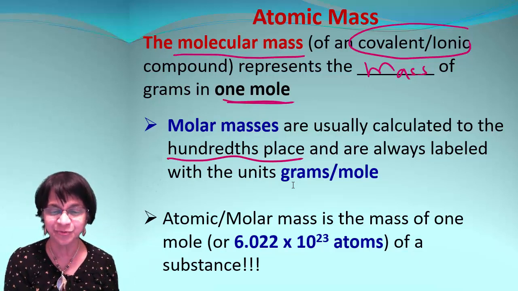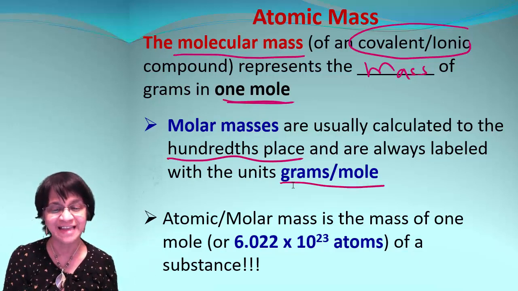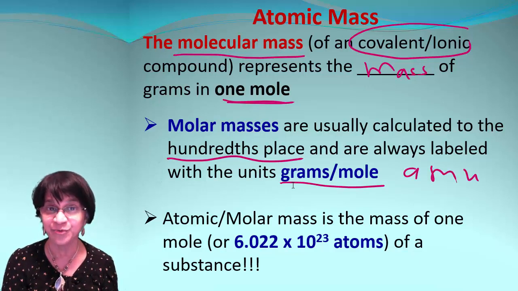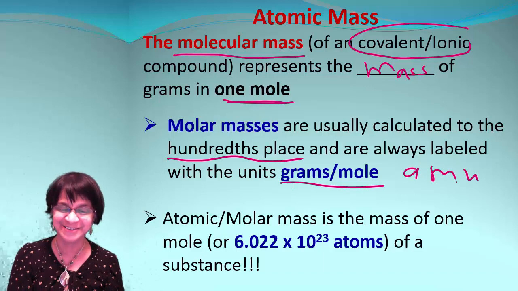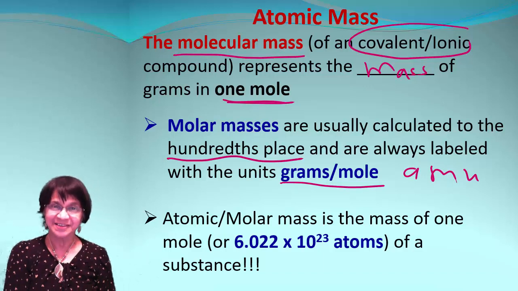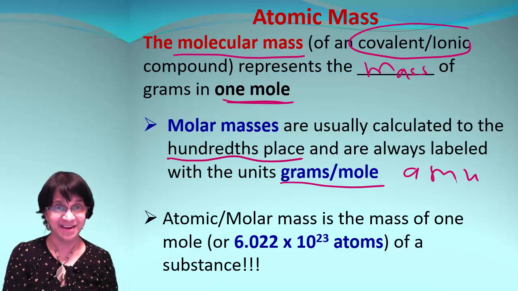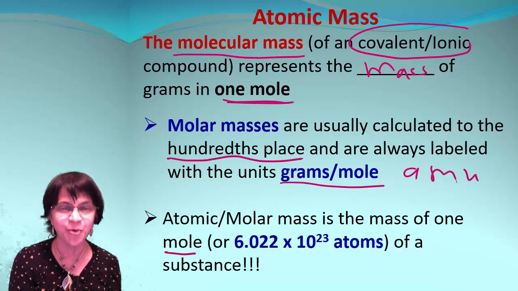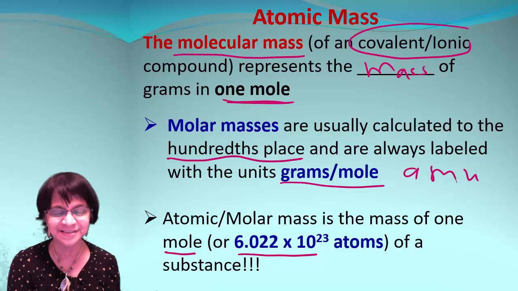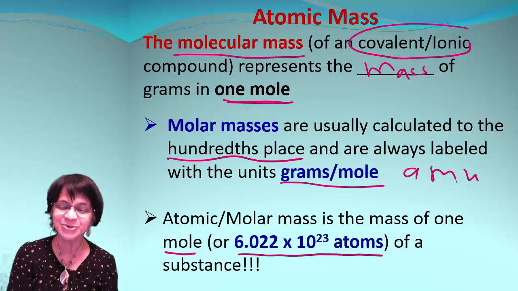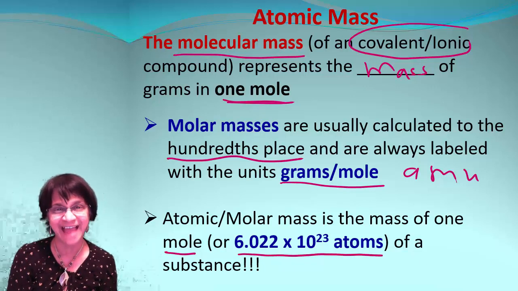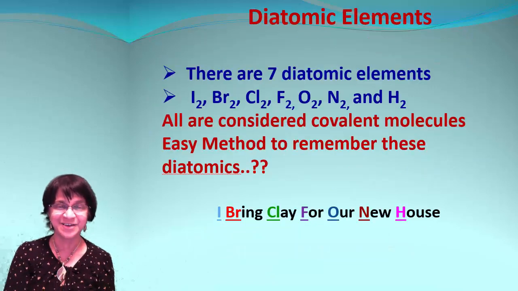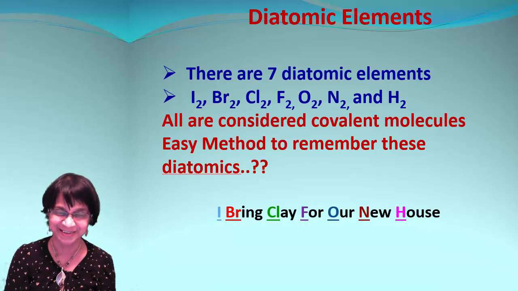The unit for molar mass is grams per mole, or we can also use AMU, atomic mass unit. To repeat, the atomic or molar mass is the mass of 1 mole, which is 6.022 × 10^23 atoms of a substance. So I am pretty sure you will not forget what 1 mole stands for.